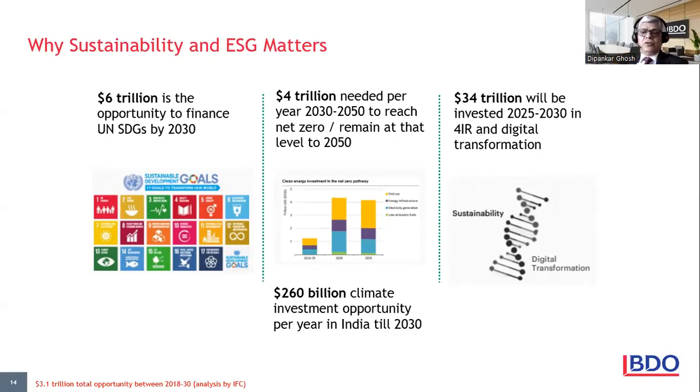And we all know about the fourth industrial revolution, which we are undergoing, which means we are talking about rapid advancement in the area of technology, Internet of Things, machine learning, and now artificial intelligence. So a huge investment is going to happen in that area.